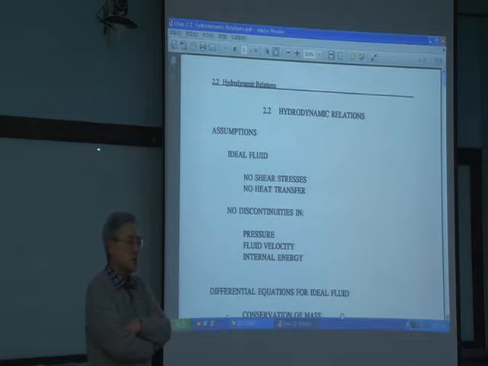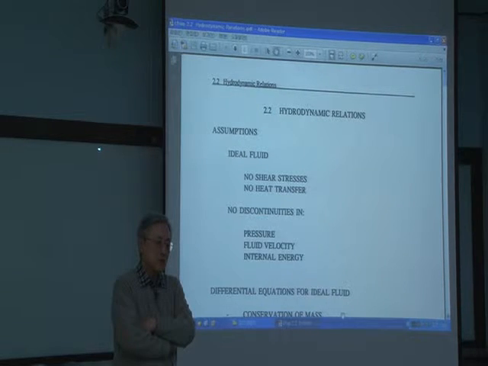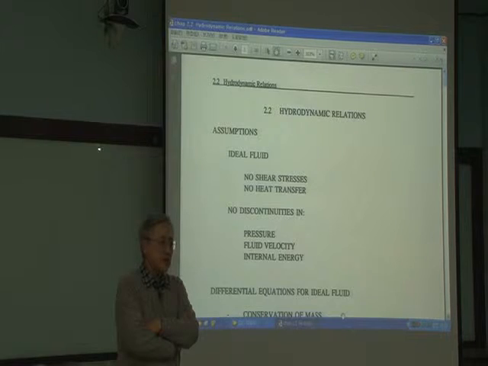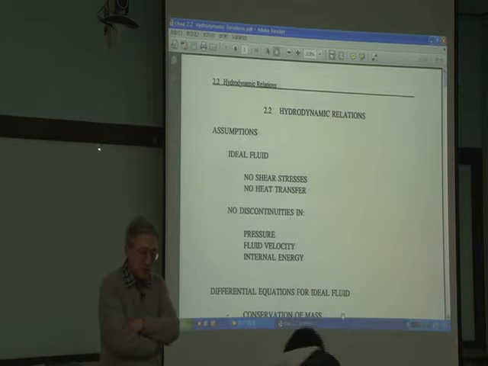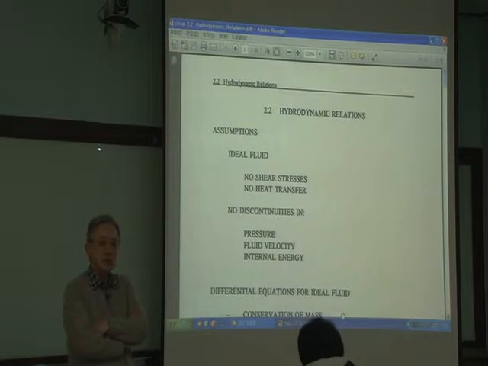What I'm going to do is just review the conservation laws. After we get the three conservation laws, conservation of mass, conservation of momentum, and conservation of energy, then of course that will define the pressure density relations.